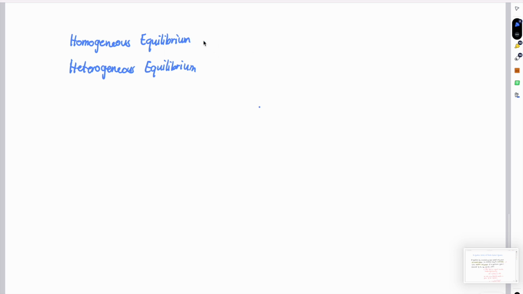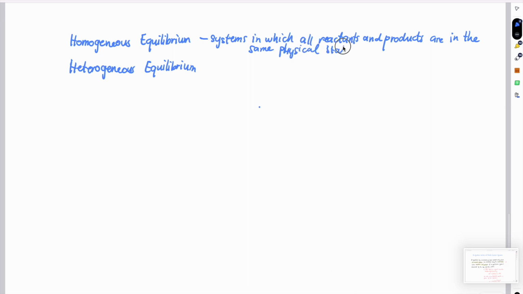Homogeneous is when systems in which all reactants and products are in the same physical state. Heterogeneous equilibrium is when systems in which all reactants and products are in different states.